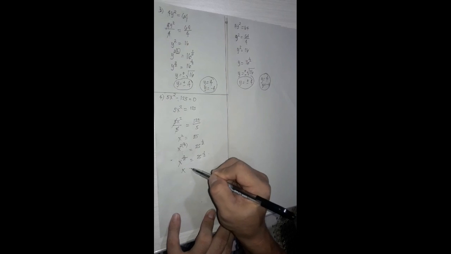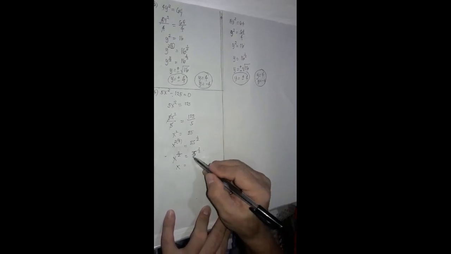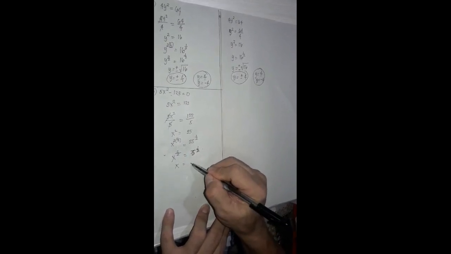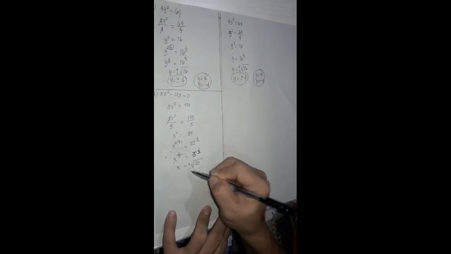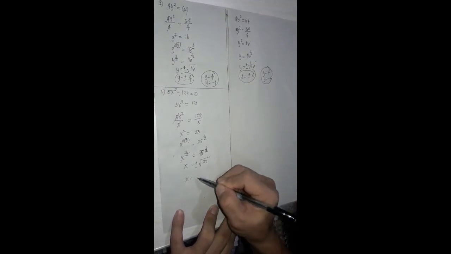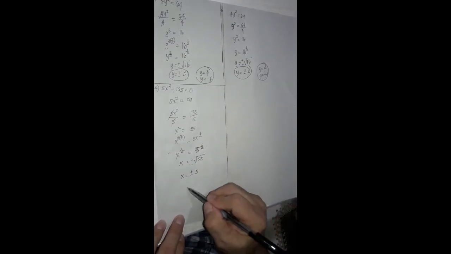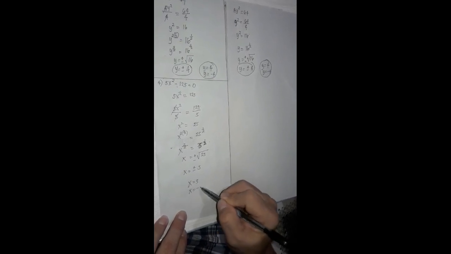Then x now is equal to 25 raised to 1/2. This is the square root of 25, positive or negative. x is equal to positive or negative 5. You can have x is equal to 5 and x is equal to negative 5.